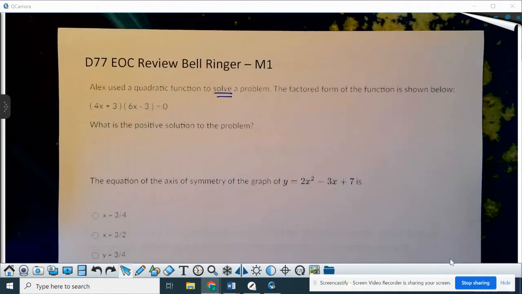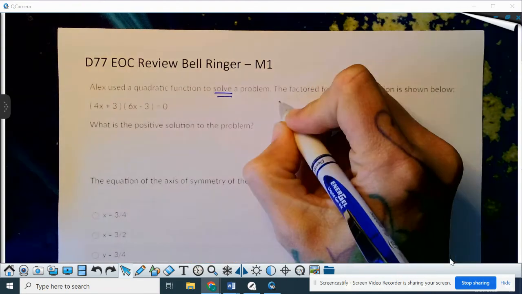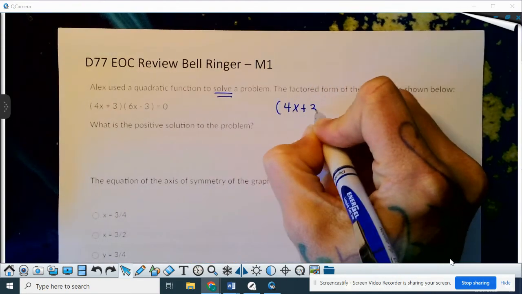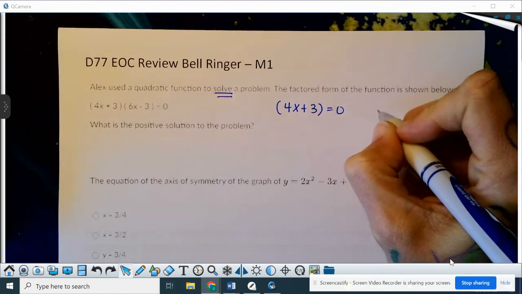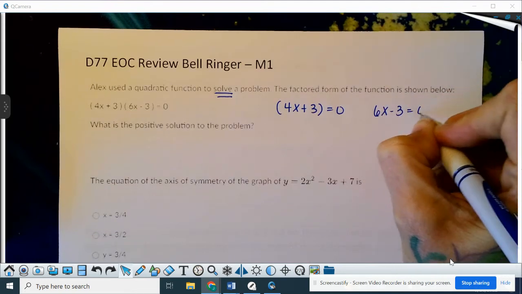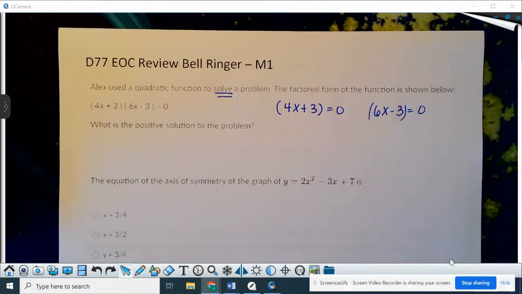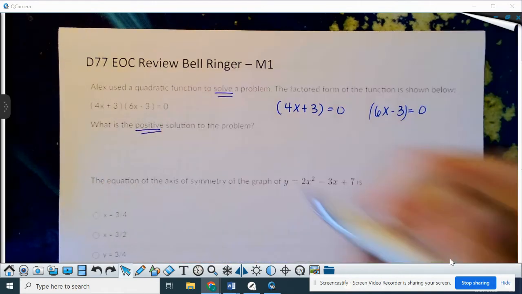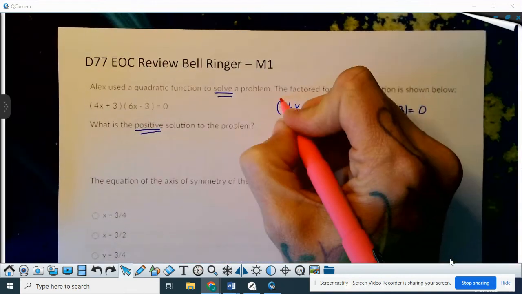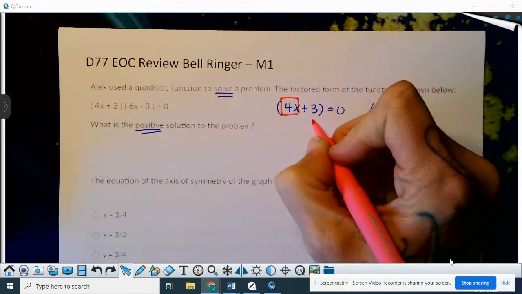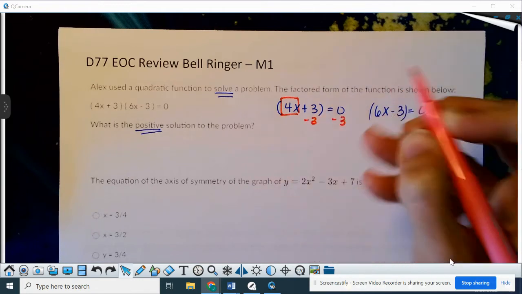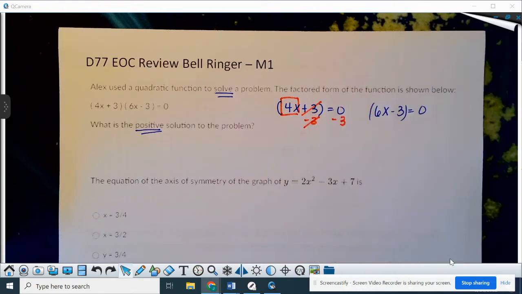So remember, to solve means we're going to take both of our factors and set them equal to 0 and solve for the variable x. In this case, we're looking for the positive solution. So I want to solve for x. I'm going to first subtract 3, because that's the inverse, and that will get it off the side with the x.